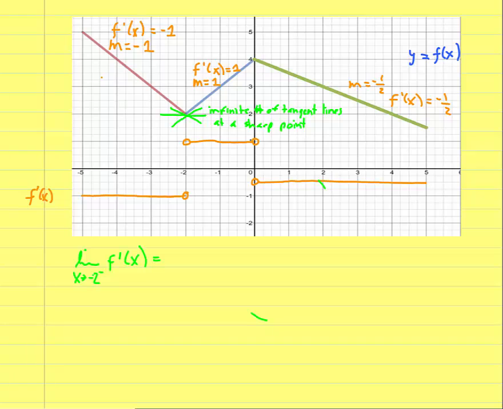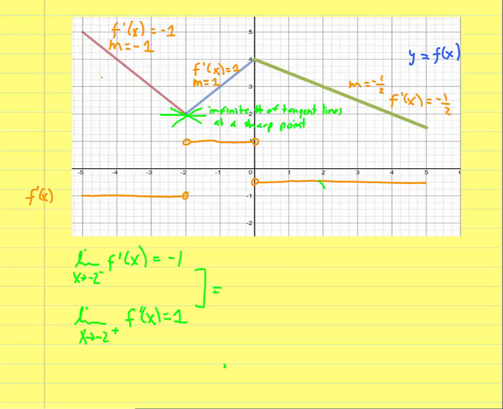So the limit as x approaches -2 from the left, we can see is equal to -1. The limit as x approaches -2 from the right of the derivative, we can see is equal to +1.